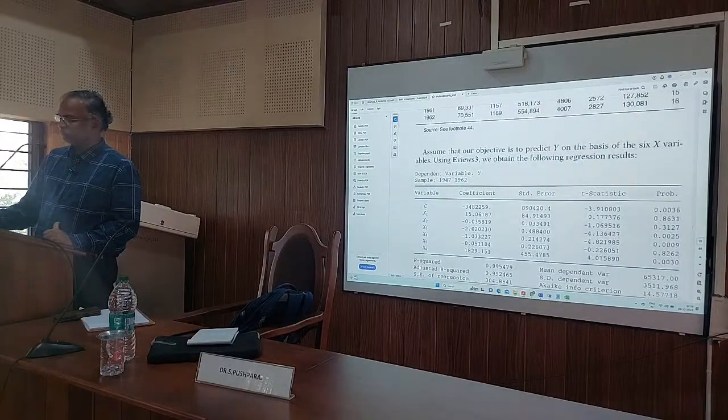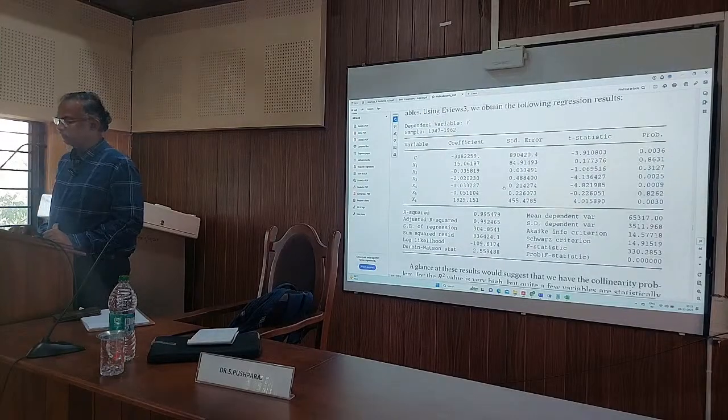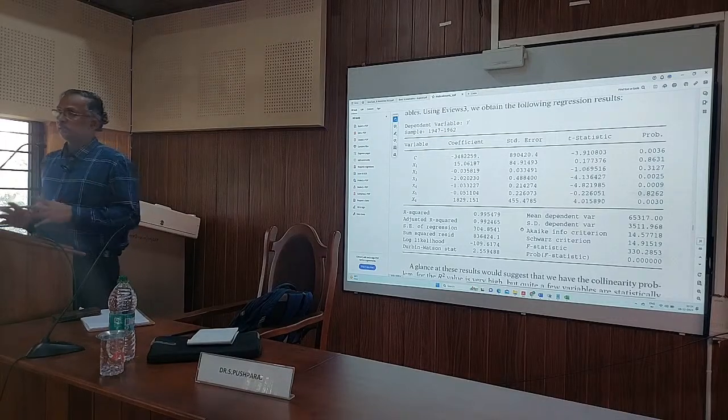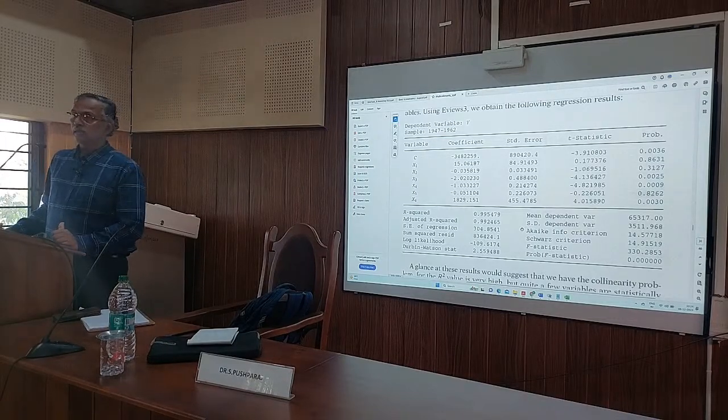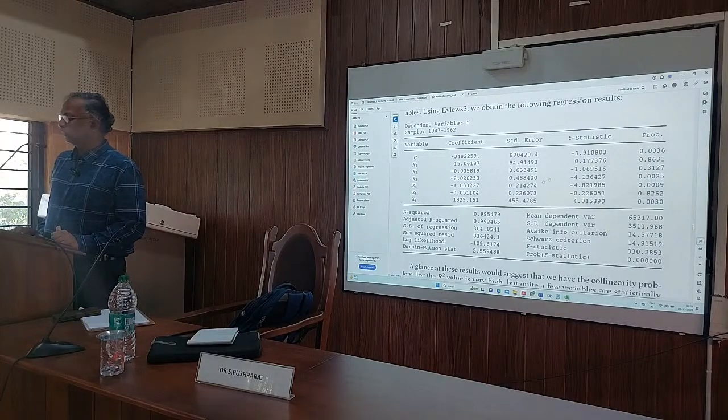He has run the first model. R square is very high here, and most of the coefficients are insignificant. When R square is high, we expect all the variables to be significant. But in this case, you have a high R square, but most of the variables are insignificant.